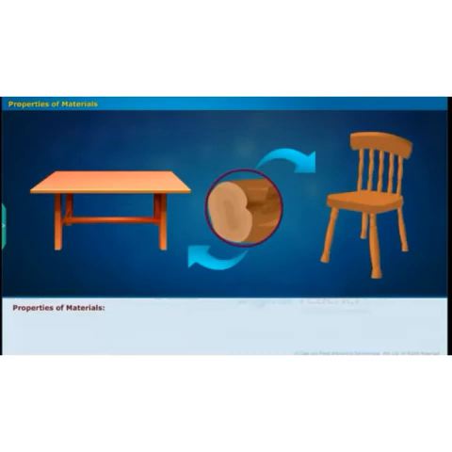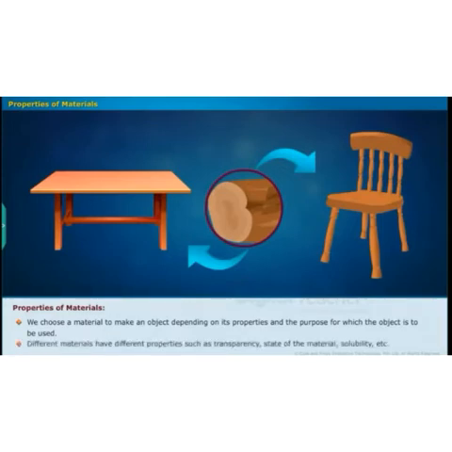Let us know about the properties of materials. We choose a material to make an object depending on its properties and the purpose for which the object is to be used, right? Different materials have different properties such as transparency, state of the materials, solubility, etc.